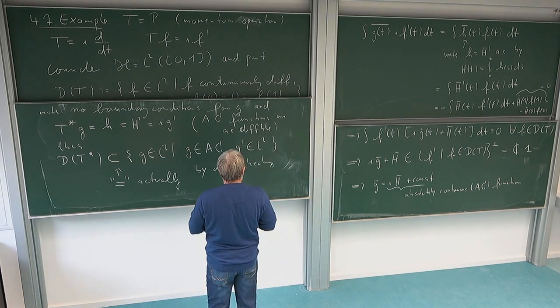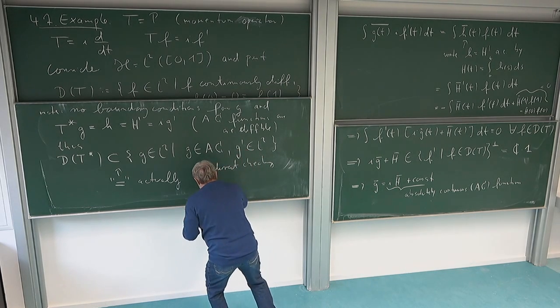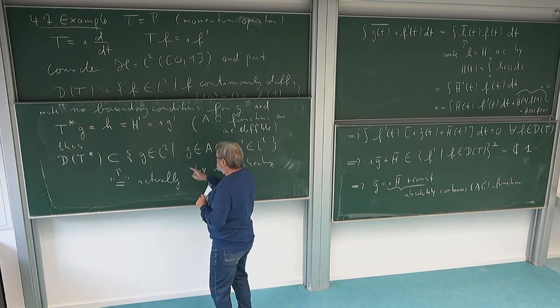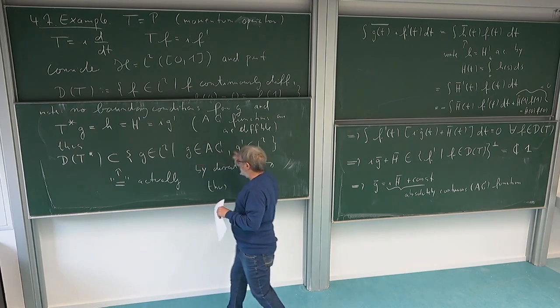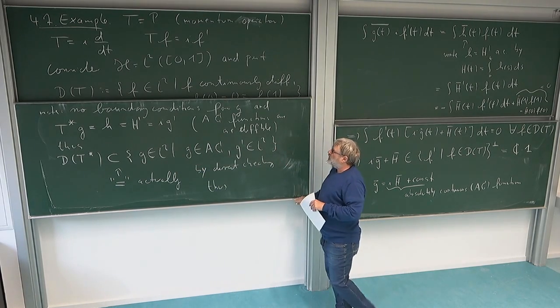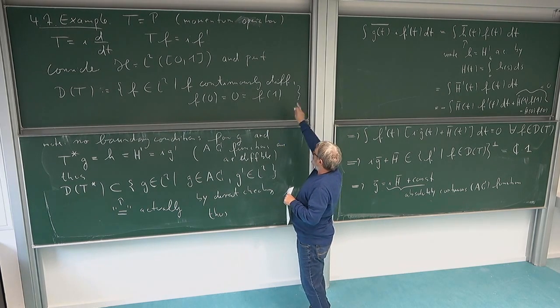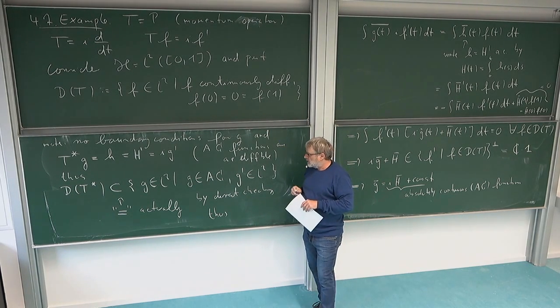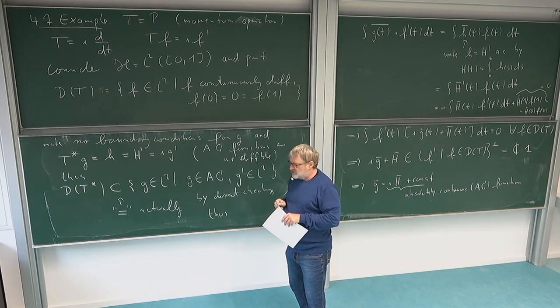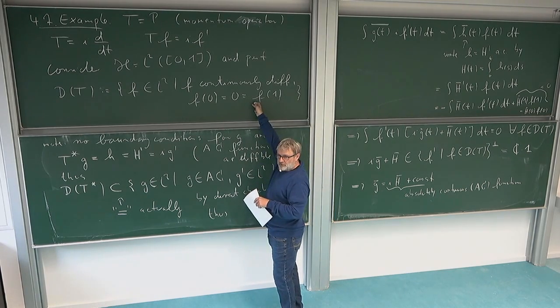and all this together shows us now that what we have here is an operator which is not self-adjoint, because we see that the domain of the T star is much bigger than the domain of our operator T. So first of all, instead of having continuously differentiable functions, we have absolutely continuous functions, and then we have also got rid of the boundary condition.